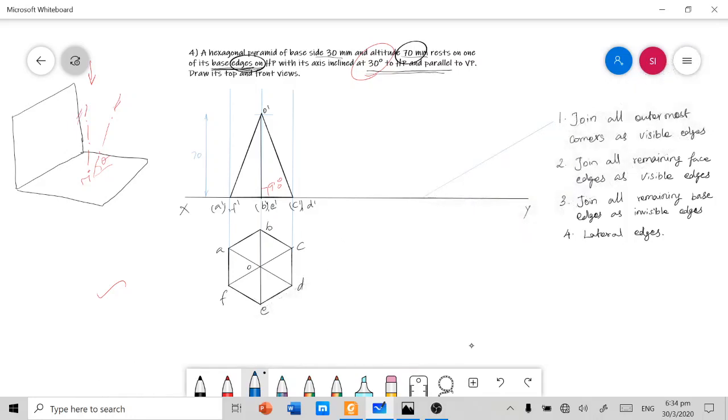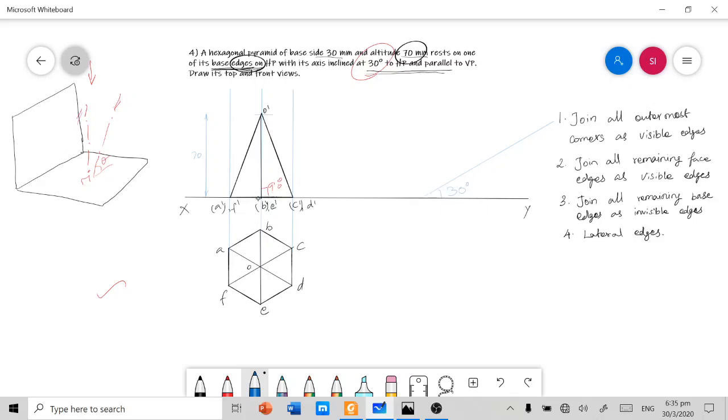I just drew the pilot line, and then redrawing this lateral view for the case of pyramid is somewhat confusing job, because the axis and the side edges are not parallel to each other. So you cannot place your side edge in this pilot line.